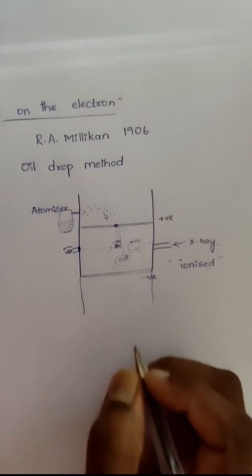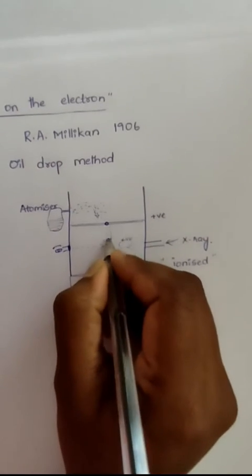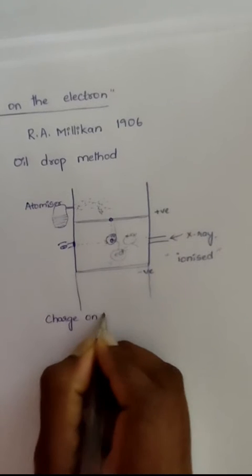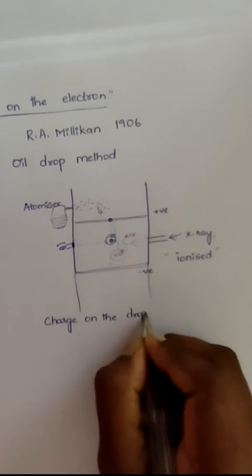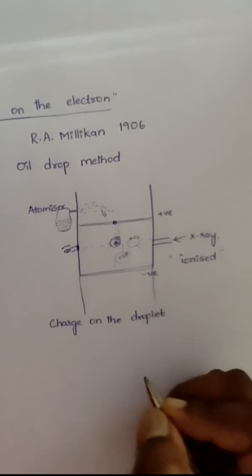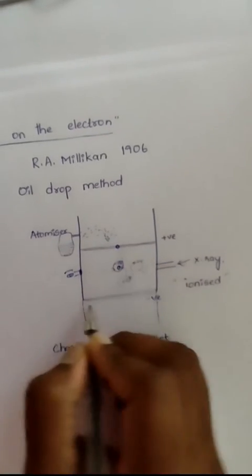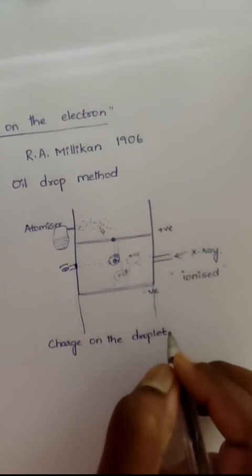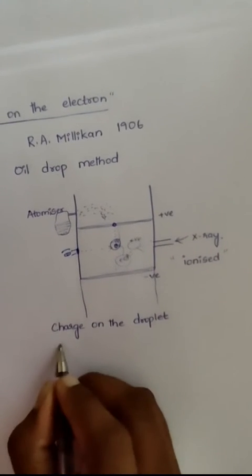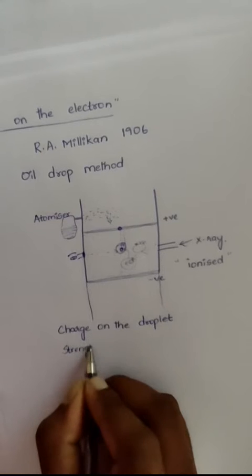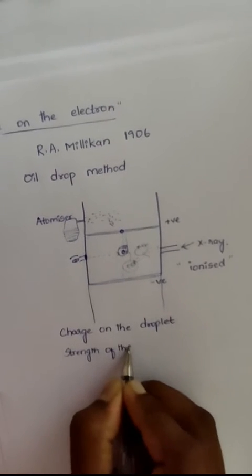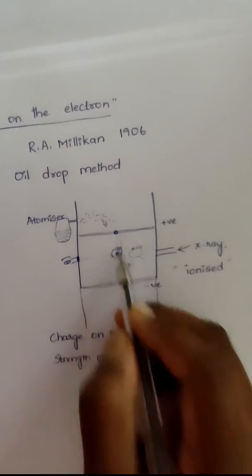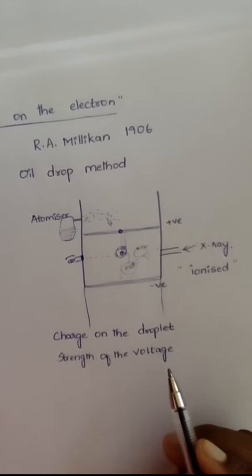It depends upon the charge on the droplets, and here we are applying current, that is electricity. The voltage applied here, the strength of the voltage, alters the speed of the oil droplets.